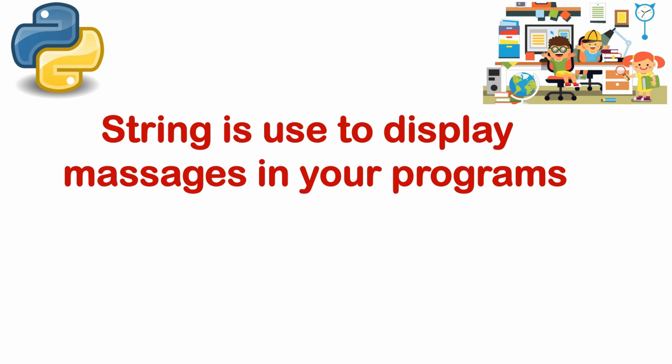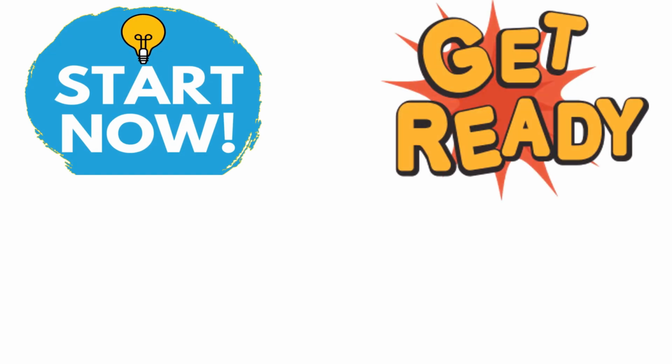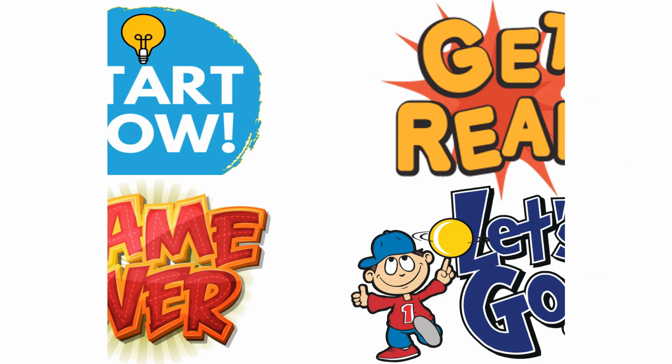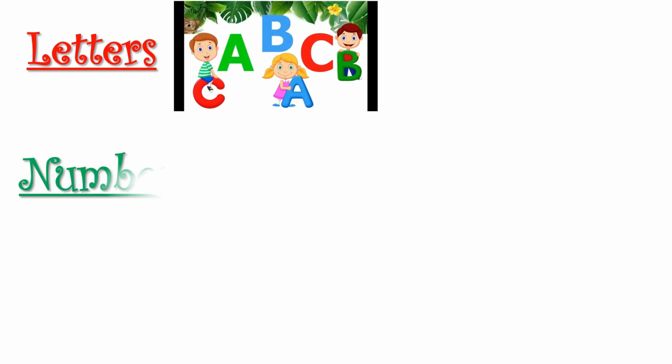You will use strings to display messages in your programs, such as your time starts now and game over messages in a game. In programming terms, we usually call text a string. When you think of a string as a collection of letters, the term makes sense.